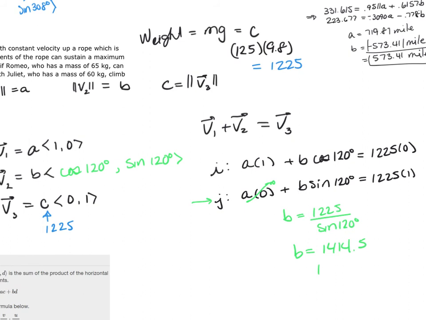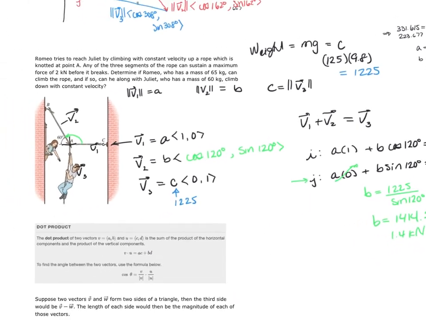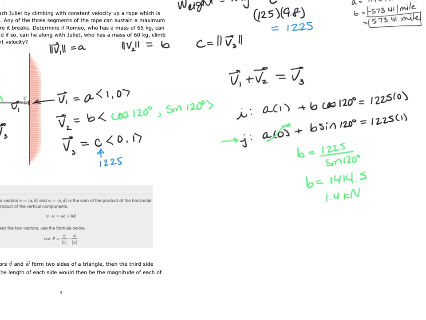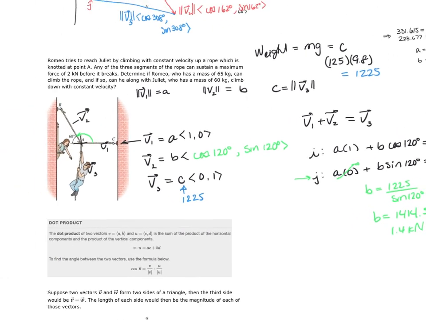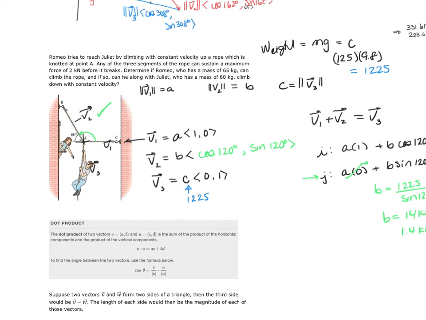This is equivalent to 1.4 kilonewtons. So if my tolerance is 2 kilonewtons, clearly that is going to be totally fine in that direction. We also know that one works because their combined weight is 1225, in other words, 1.2 kilonewtons.